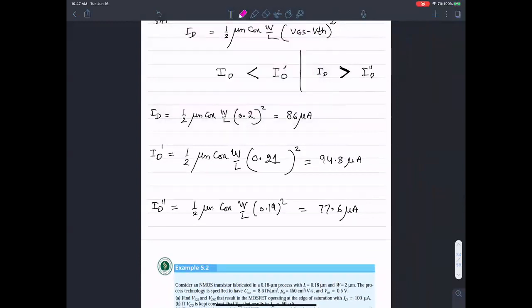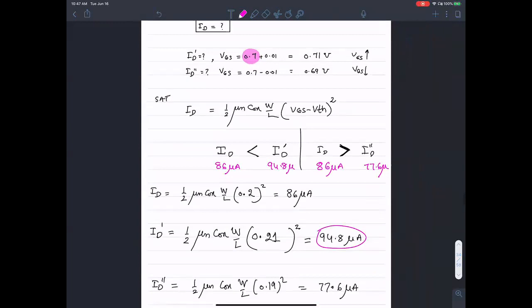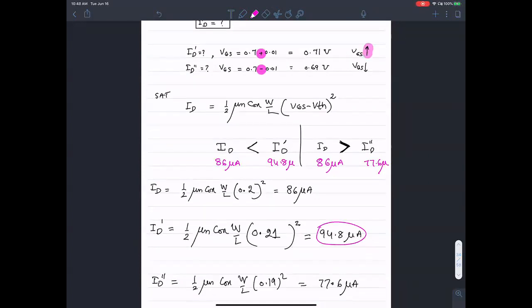ID prime is 94.8 microamperes, compared to 86 microamperes. Similarly, ID double prime is 77.6 microamperes, and this guy is 86 microamperes. So in response to the increase or decrease in the VGS value, the ID goes up or goes down.